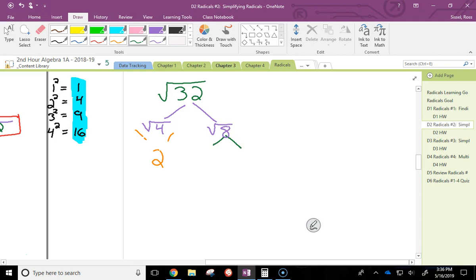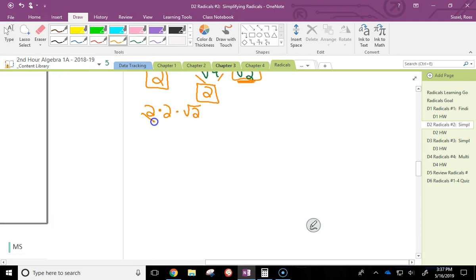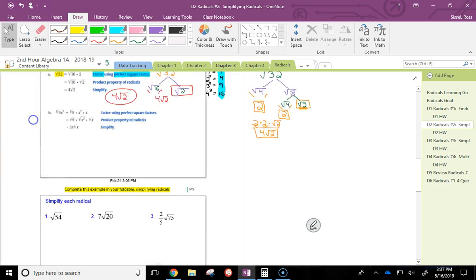I can factor that down to the square root of 4 times the square root of 2. Square root of 4 is 2. Square root of 2, it's done. That's as far as that one goes. It's a prime number again. I'm left with this number, and this number. So I'd have 2 times the square root of 2. And if we simplify, 2 times 2 is 4 times the square root of 2. We'd still get our same answer.